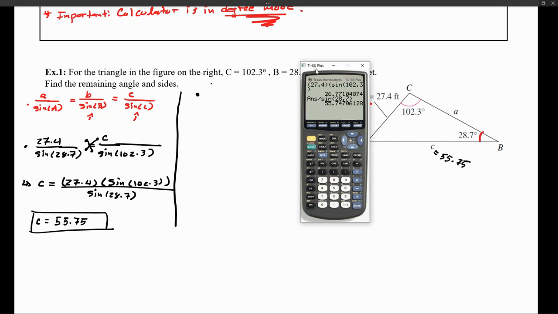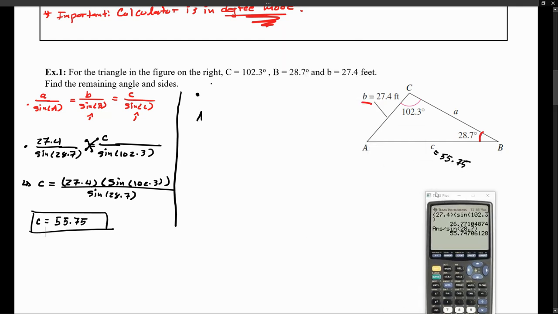Angle A is going to be equivalent to 180 minus 102.3 minus 28.7, because recall that if you add all interior angles, that's equivalent to 180.